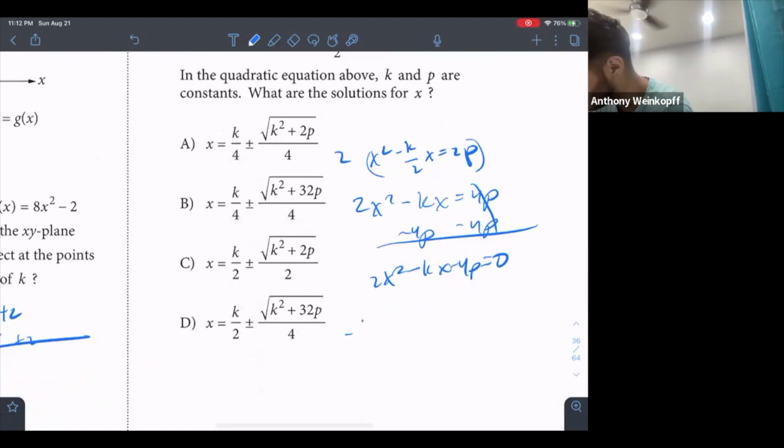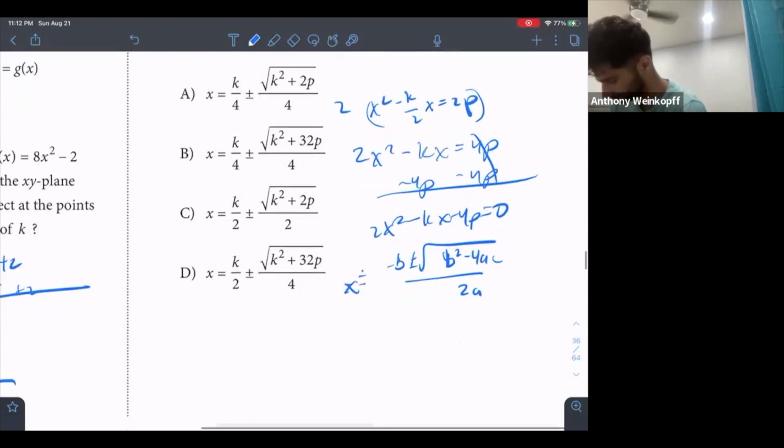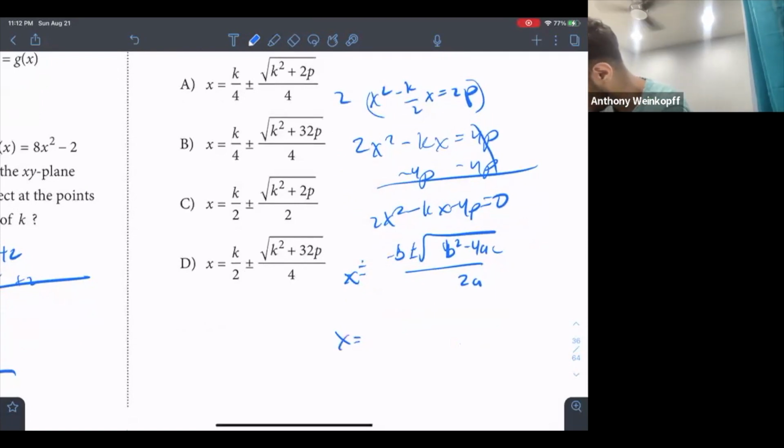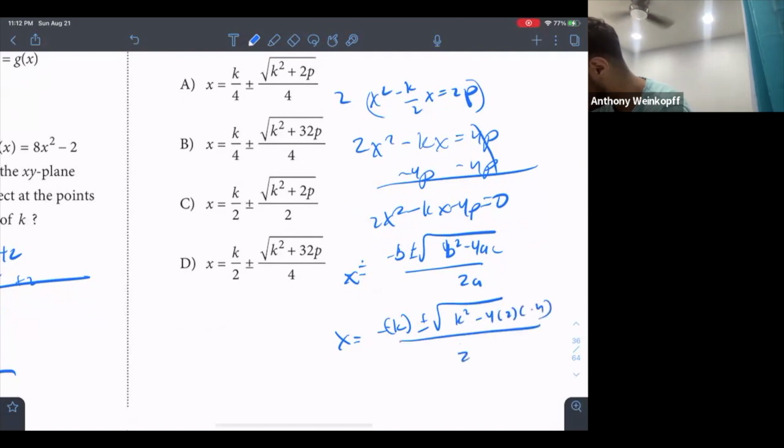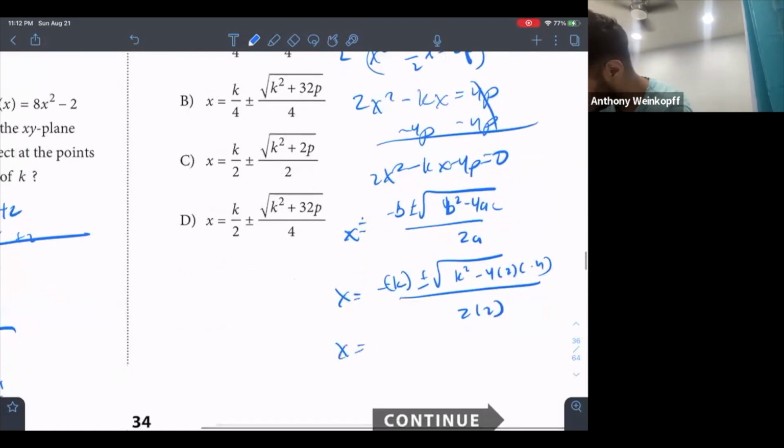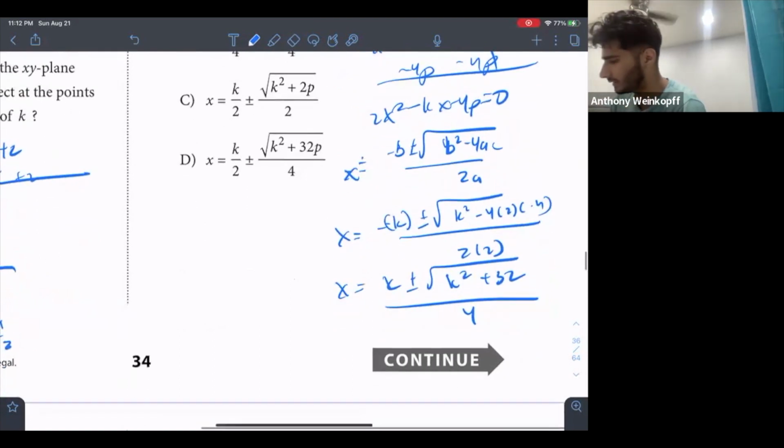And then you use the quadratic formula, which is x equals negative b plus or minus the square root of b squared minus 4ac, over 2a. So x is equal to k plus or minus the square root of k squared minus 4 times 2 times negative 4p, over 2 times 2. So then you get x is equal to k plus or minus the square root of k squared plus 32p, over 4.